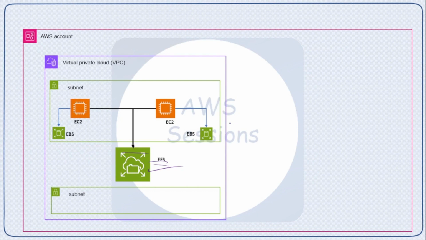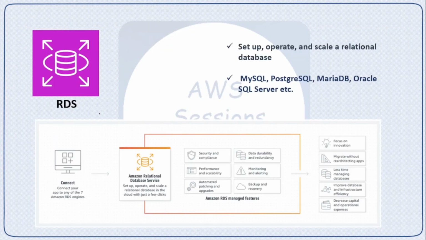So now moving to the next service, that is RDS. If I just do a quick recap, we have created some instances, we have some storage, but if you want to host an application, there is a high probability that we need to have some database as well. So RDS is the service that fulfills that.